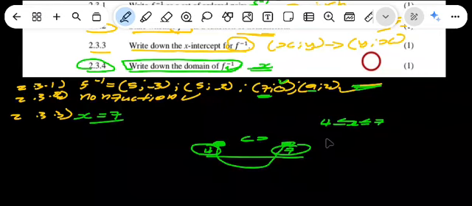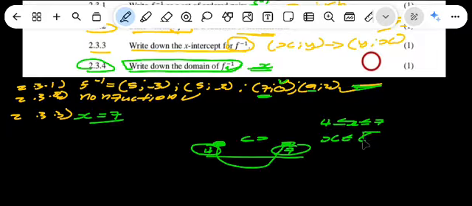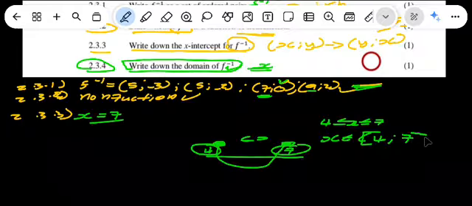Or you can say x is an element from 4 up to 7. I'm making an example there.